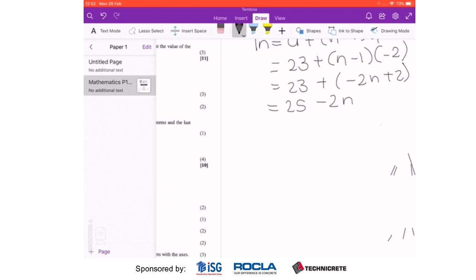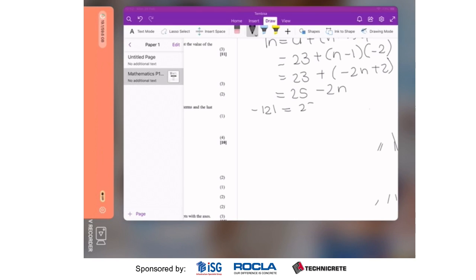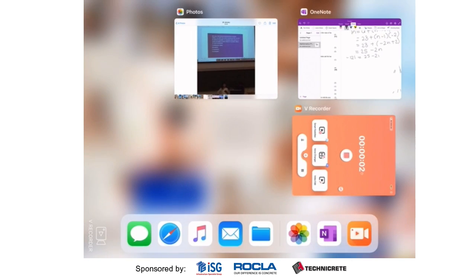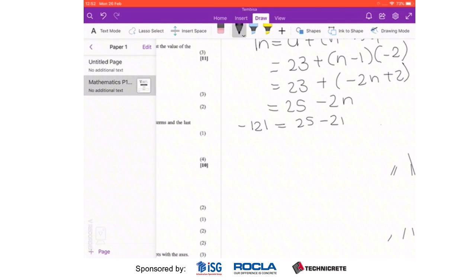Now we just need to find for what value of n negative 121 is equal to 25 minus 2n. We're going to take the 25 to the other side, so we get negative 121 minus 25 is equal to 2n. Use your calculator, and this is going to be negative 146 is equal to 2n.